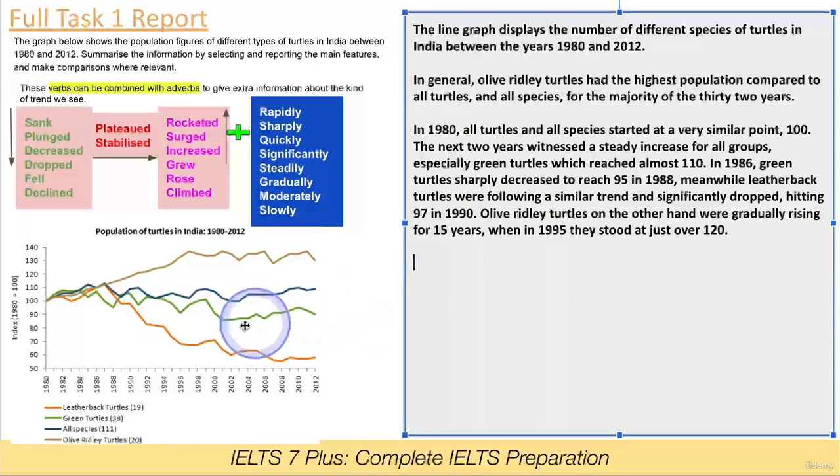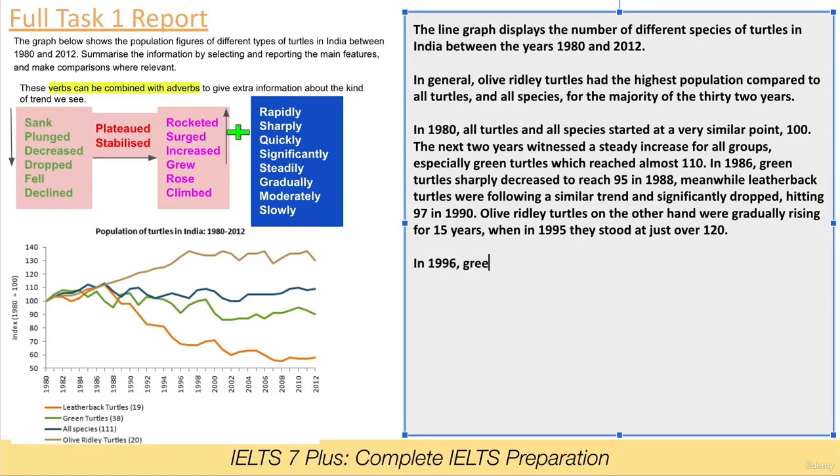Okay then, so we now want to talk about 96 for our next paragraph, our next body. So what is happening? Well, green turtles take a sharp rise.